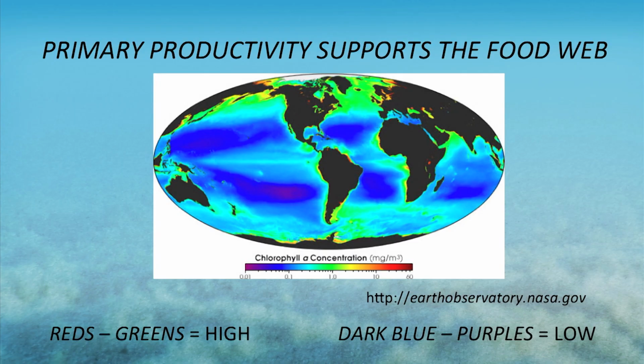For that reason, we are definitely concerned with where is there more phytoplankton. And for that, we can take a look at a special type of map called a chlorophyll map. The chlorophyll map shows a colored distribution of where the primary productivity is. And in this case, the reds actually represent an abundance, and the dark blues represent a very, very low amount.